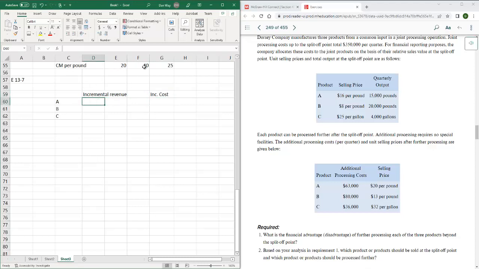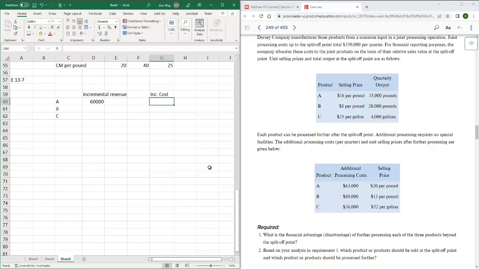Okay. So for product A, what we're saying is that incremental revenue is the $20 per pound selling price if we do the additional processing, minus the $16 selling price per pound if we don't, times the total output of the product. So $20 minus $16 times the 15,000 pounds we can make of product A every quarter.